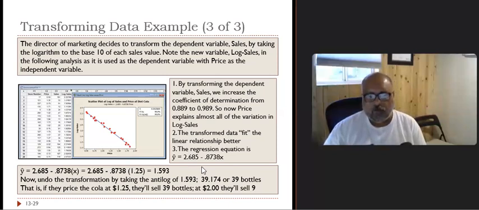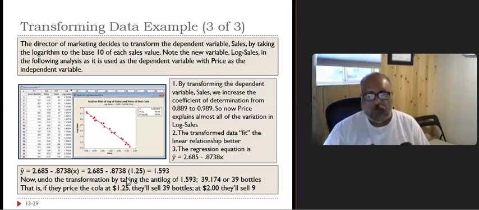After doing that, our equation becomes y hat equals 2.685 minus 0.8738x. This equation, which is based on the transformed data, we can now use. Hypothetically speaking, if we use the selling price of $1.25, what we get is 1.593.